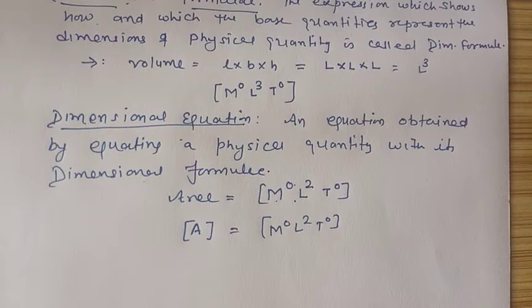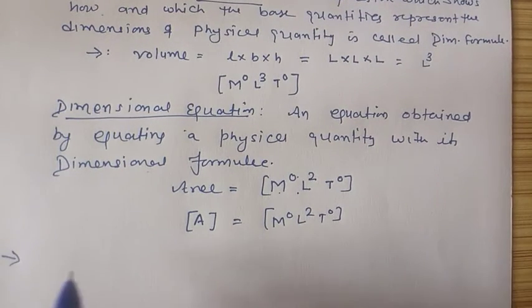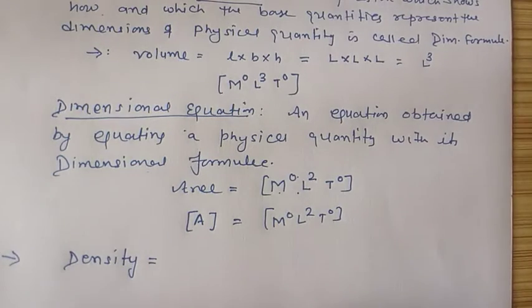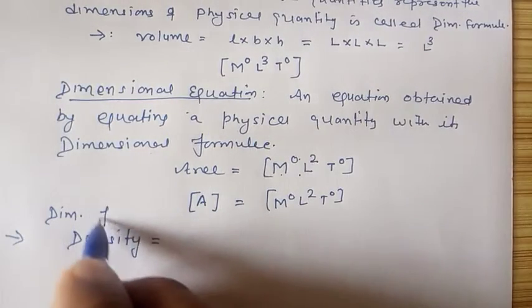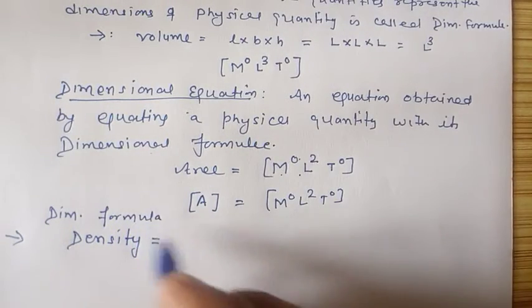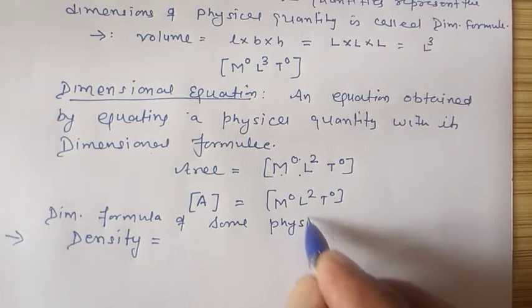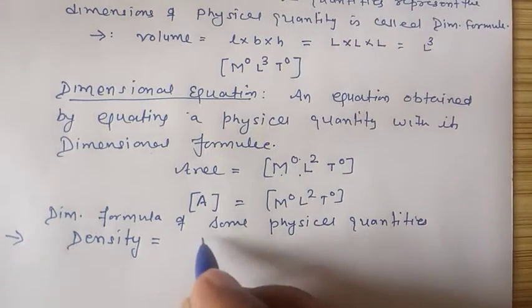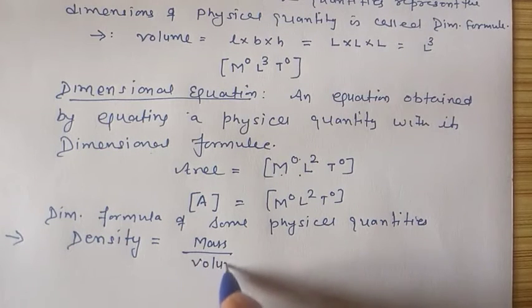Now we will discuss the dimensional formulas of some more physical quantities. Let us take density. Density has the formula mass upon volume.